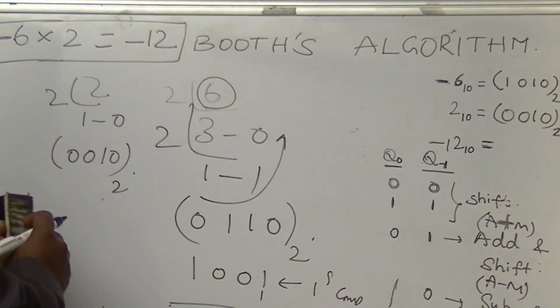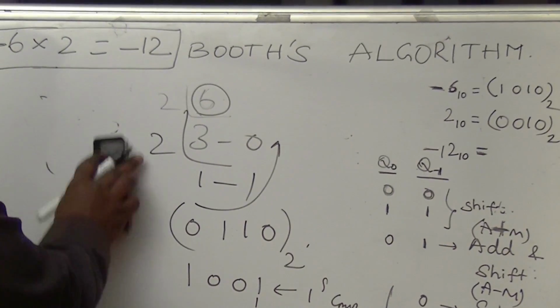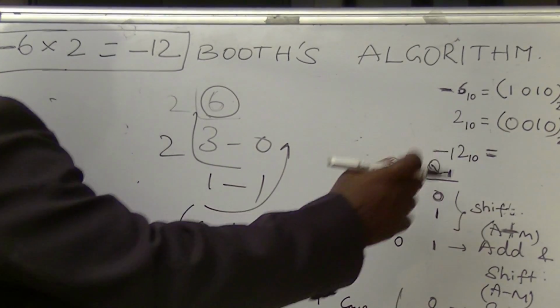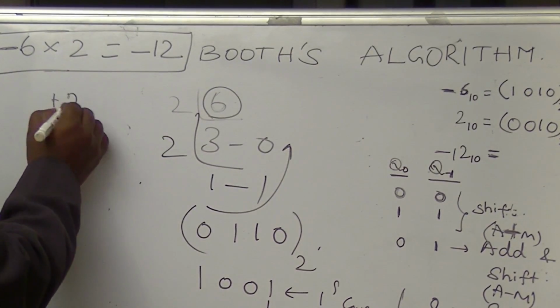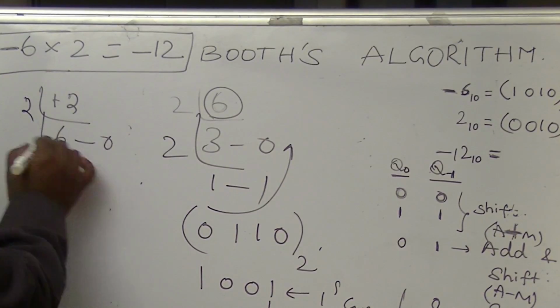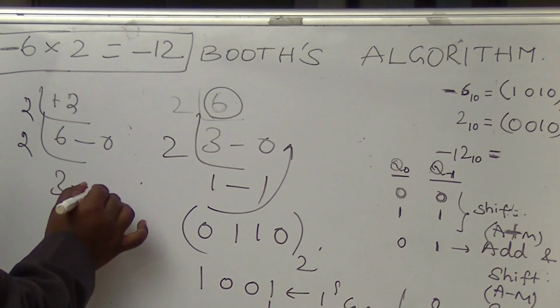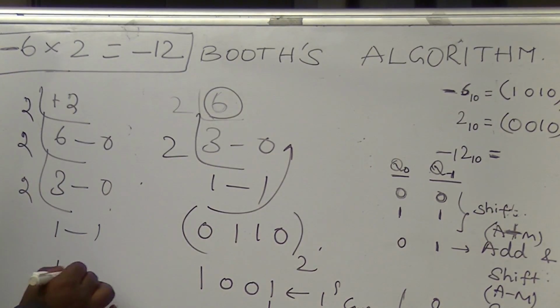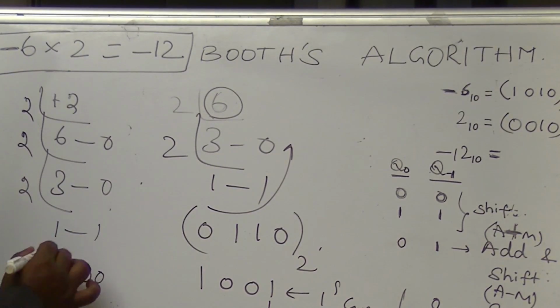Now consider 12, the result. Minus 12 means you have to find the 2's complement. For positive 12, 12 divided by 2 is 6 remainder 0, then 3 remainder 0, then 1 remainder 1, so 1 1 0 0 is positive 12.